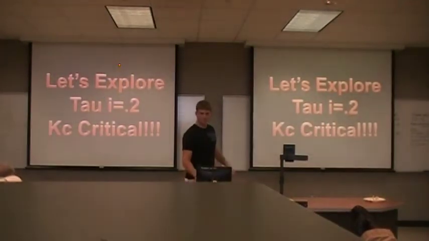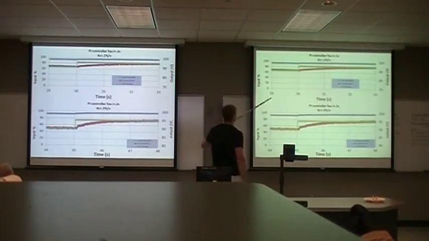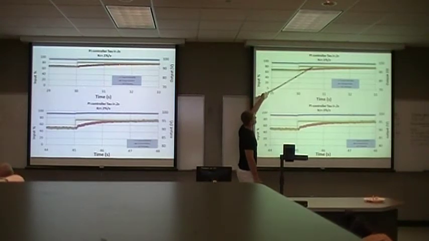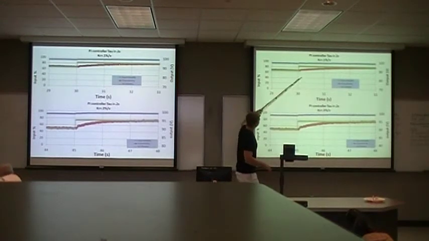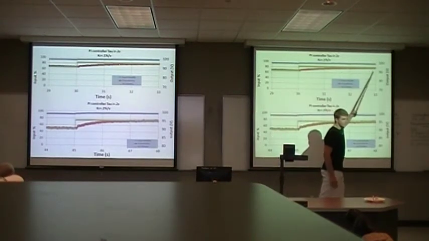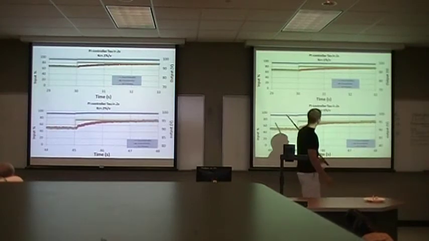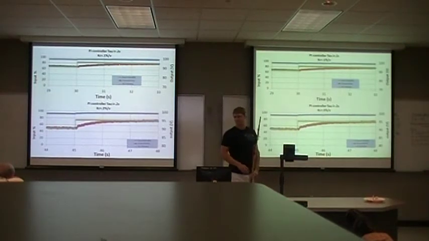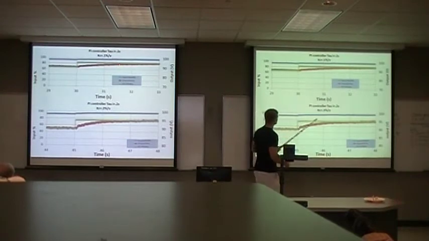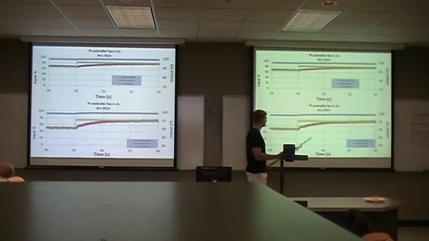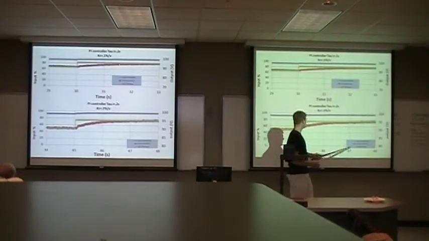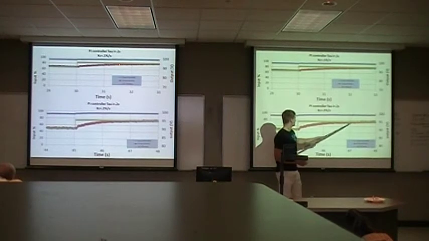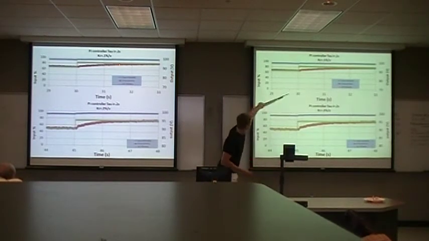Now, let's explore this 0.2 critical some more. Comparing it to our Kc of 0.1 using the root locus approximation, I thought that time is a little long, maybe over-damped. So I increased the Kc a little bit, and we're still over-damped a little bit, but the time to get to the set point is 2 seconds instead of 3.